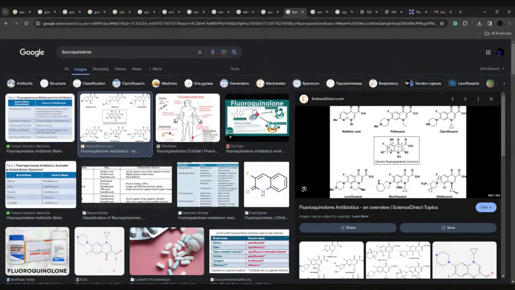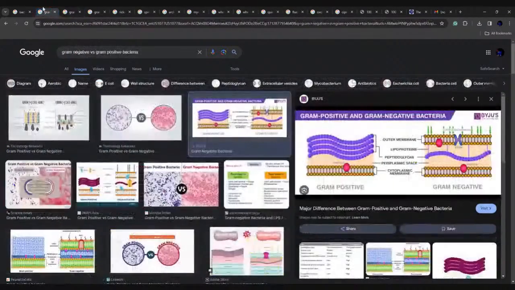Now, the fluorine atom is very interesting and allowed for several things to happen. Fluorine has the ability to bring an entire chemical through a fat, through some lipids. The quinolone-based antibiotics are able to target and do very well at disrupting gram-negative bacteria.